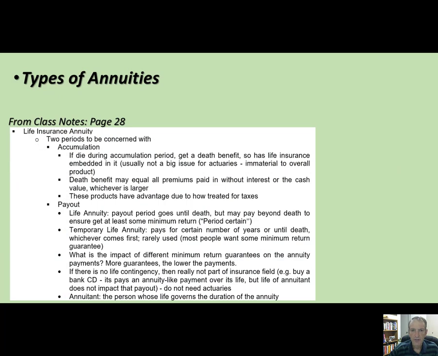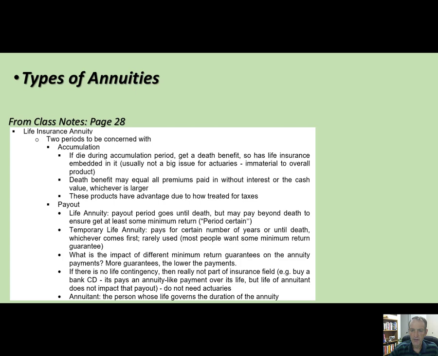So continuing on with what we covered last class. Life insurance and the life insurance industry has annuities for both the accumulation and payout stage. Remember, other industries like banks and investment firms only do accumulation annuities. They only have annuities where you build up a balance, a savings account, over time.